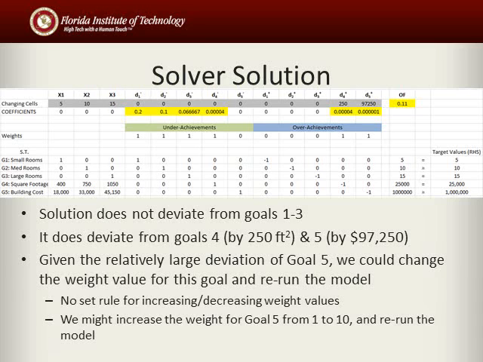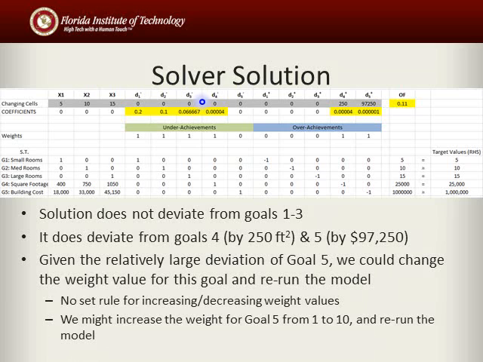Notice that since what we want to do is minimize weighted percentage deviation, what it provided is the minimum weighted percentage deviation, which turns out to be 11%. From this solution, we can see that we are not deviating from any of the first three goals because deviation variables 1, 2, and 3 are 0.